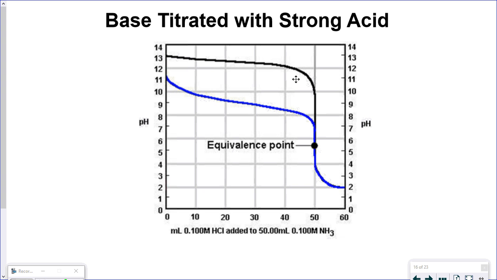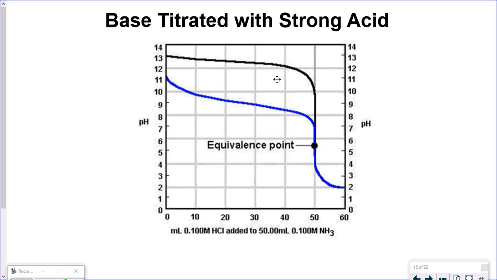It's going to increase until it reaches that equivalence point, which for the black line will be at 7. And then you're going to have excess hydronium that's added. So this is simply kind of a mirror image, if you flip it vertically, of our titration of a strong acid with a strong base.